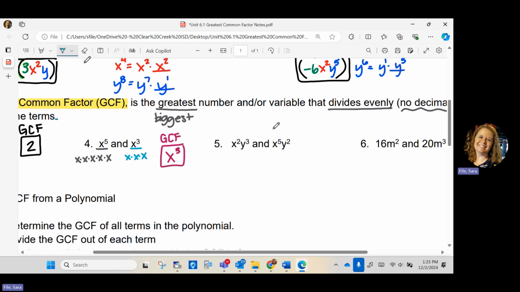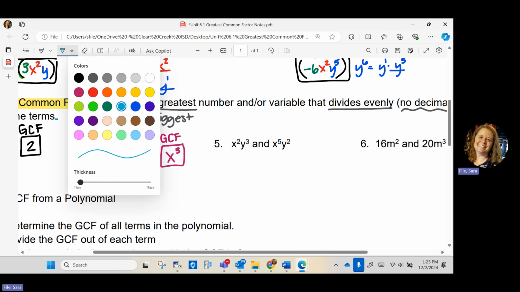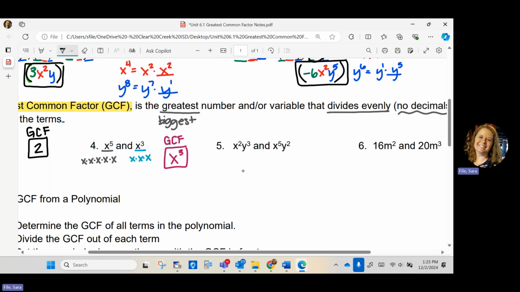So here, looking at those x's, there's an x squared and there's an x to the 5th. What's the maximum number of x's that you can take out of both of those? The 2, right? So x squared will be part of your GCF for this one. Okay, what about the y's? We've got y cubed and y squared.